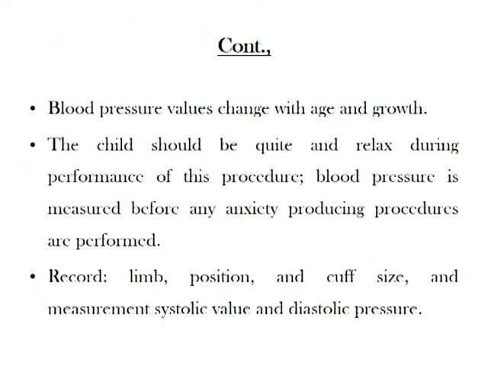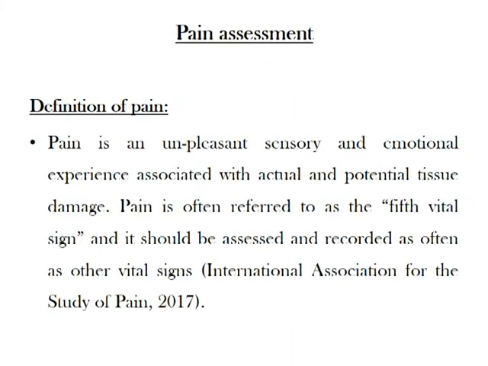Blood pressure values change with age and growth. The child should be quiet and relaxed during performance of this procedure. Blood pressure is measured before any anxiety-provoking procedures are performed. Record limb position, cuff size, and measurement of systolic and diastolic pressure.